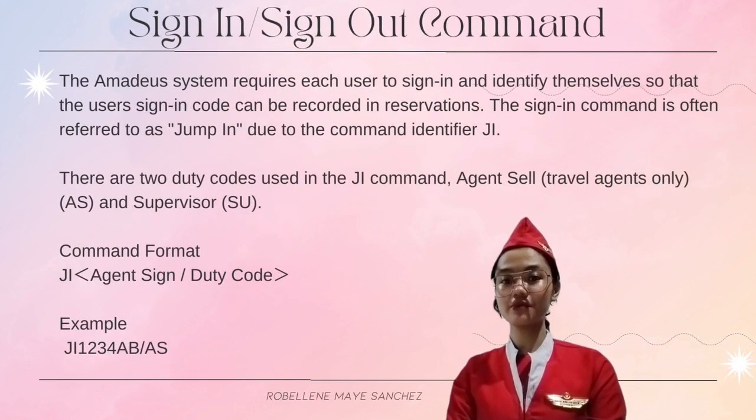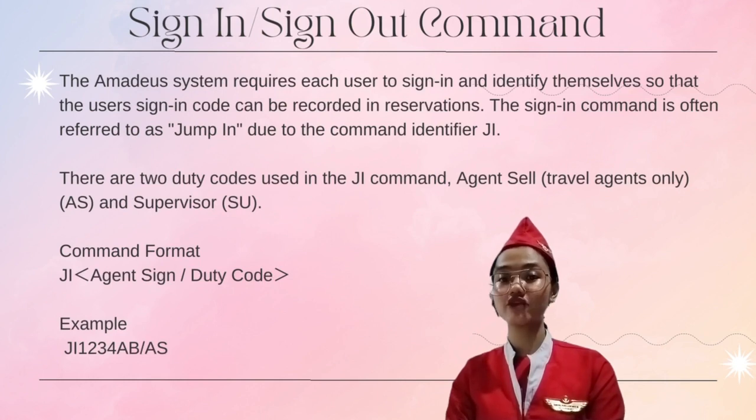Next, we chose some activities in Amadeus and show you their commands to explain it further. First is the command for sign in and sign out. The Amadeus system requires each user to sign in and identify themselves so that user sign-in code can be recorded in reservations. The sign-in command is often referred to as jump in due to the command identifier JI.